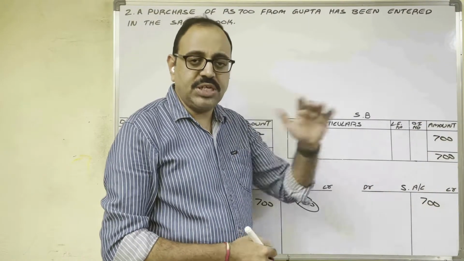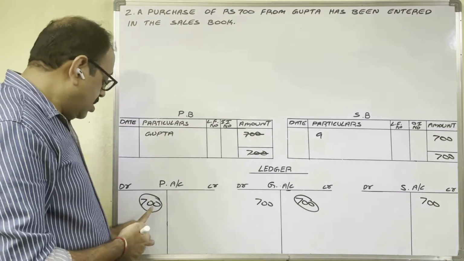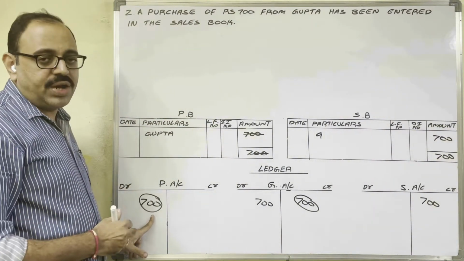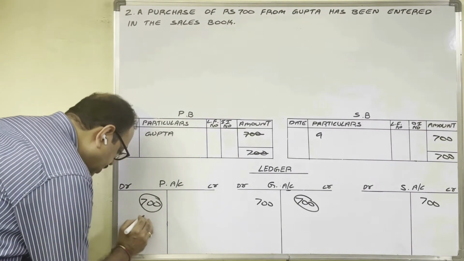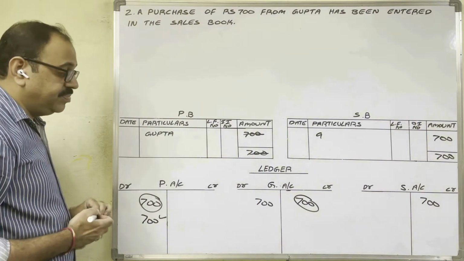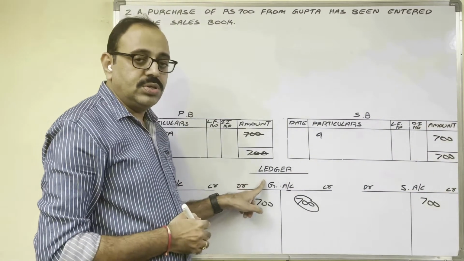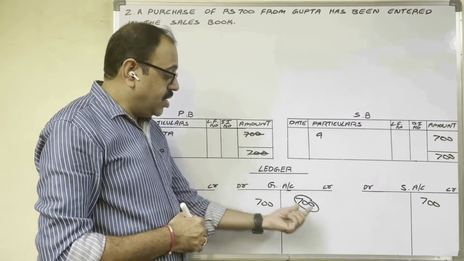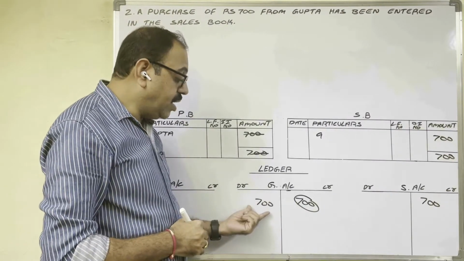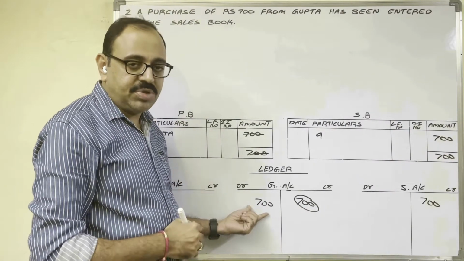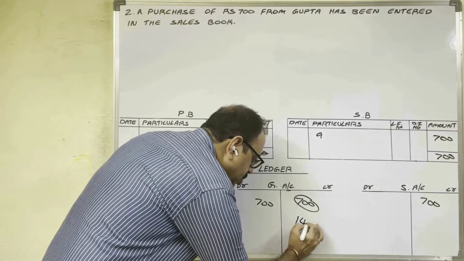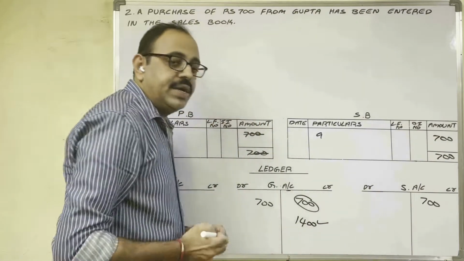Now these 3 mistakes we should rectify. Purchase account, they have not debited 700. To rectify this mistake, debit 700 rupees in the purchase account. Gupta's account, two mistakes they did. Not crediting 700, one mistake. Wrongly debiting 700, another mistake. If you credit 1400, these two errors will be rectified.